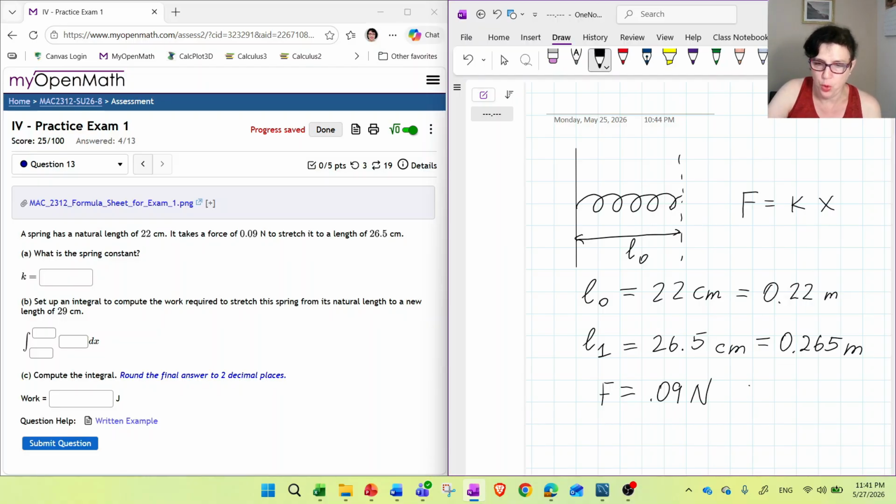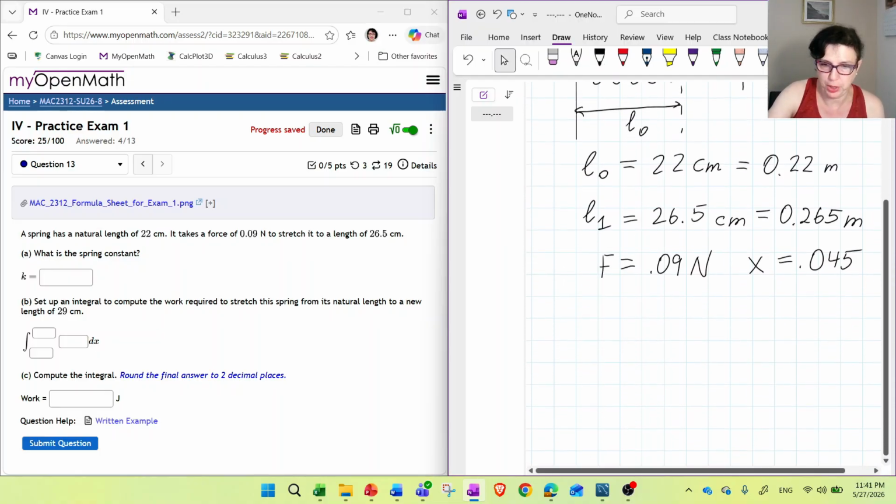What we need to figure out is this x, by how much it was stretched. And you're not taking this new length. You are taking the difference, because this x is the difference between the natural length and the new length. So if I take 0.265 and subtract 0.22, I will get 0.045.